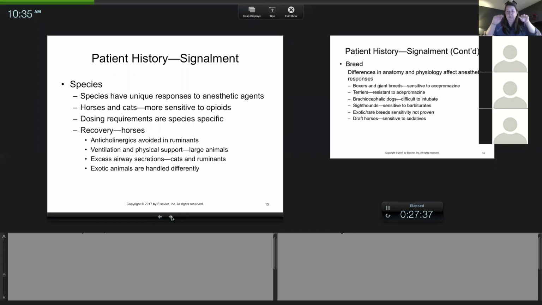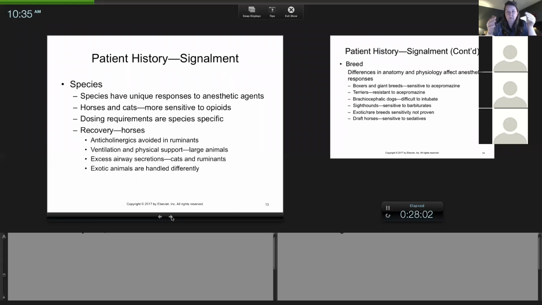If I have a horse and a cow that weigh the same, the cow gets 1/10 of the dose of xylazine that a horse does, because cows are ultra sensitive to that drug. That's a species difference. They could be the same age and the same weight, but they're different species. They react differently to the drug.